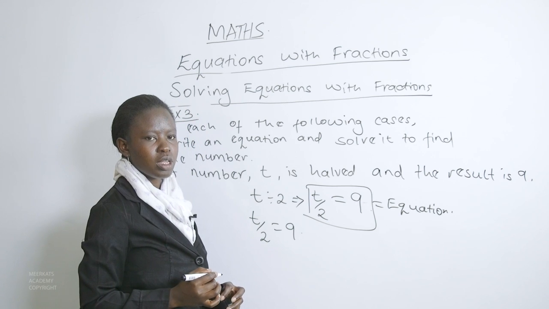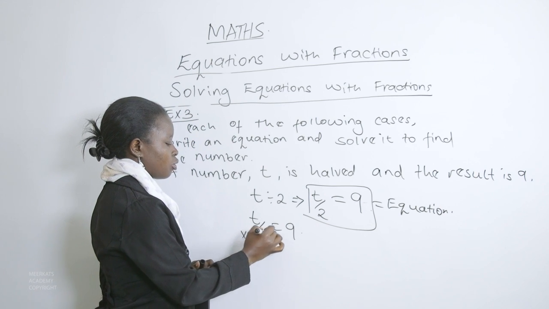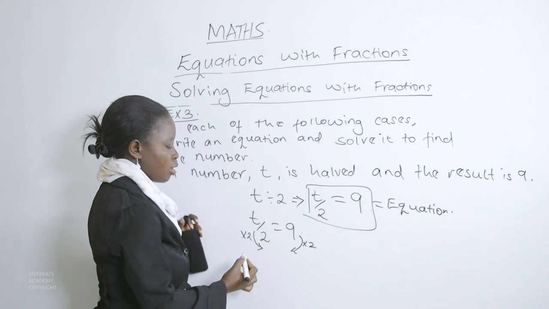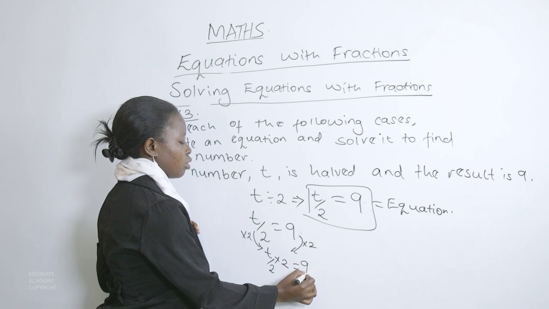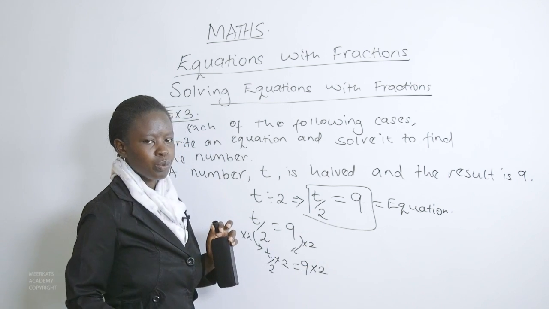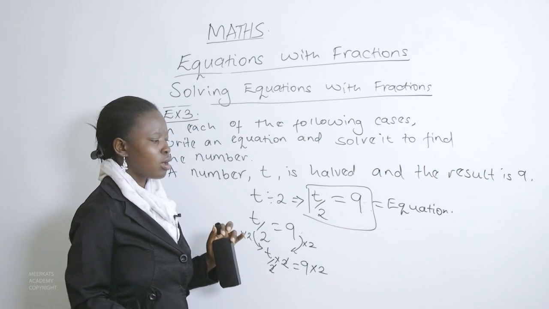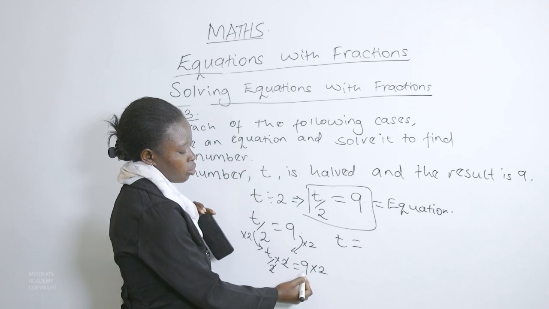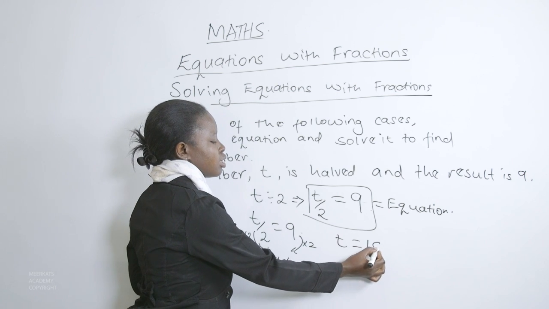The step that we need to carry out is the first step, multiply by 2 on this side, multiply by 2 on the right hand side, so that we have t over 2 times 2 will be equal to 9 times 2. So when we multiply, then 2 and 2 cancel out, so that on the left hand side we are left with t is equal to 9 times 2 gives us 18.